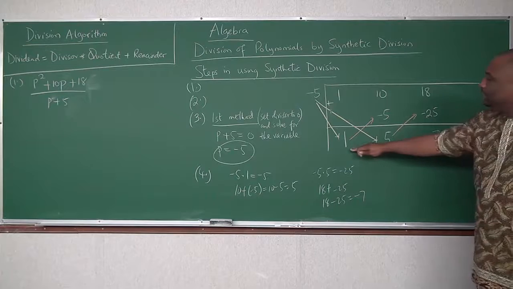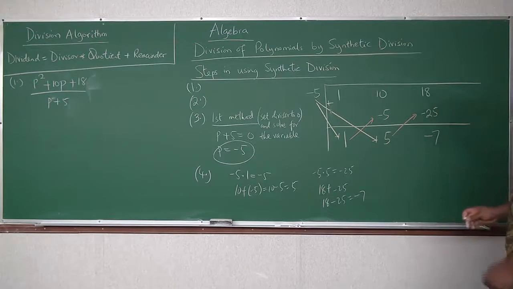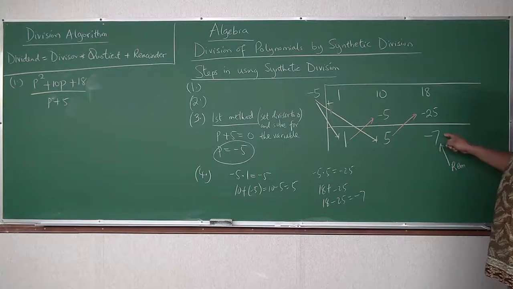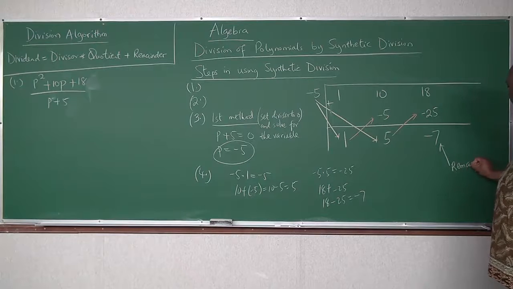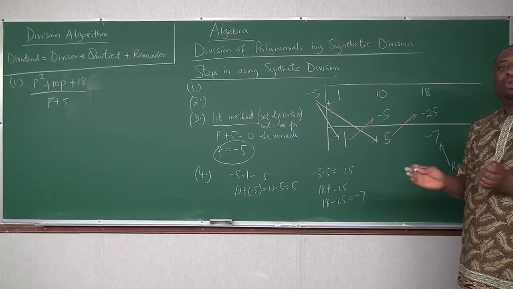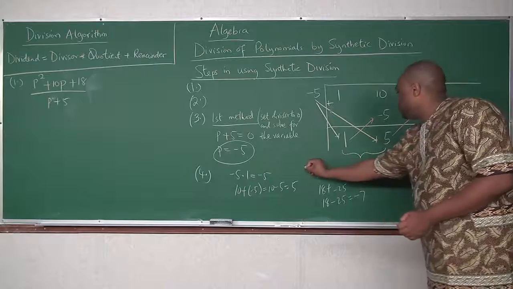The last number here gives you the remainder. And this 1 and 5 give you the coefficients of the quotient.